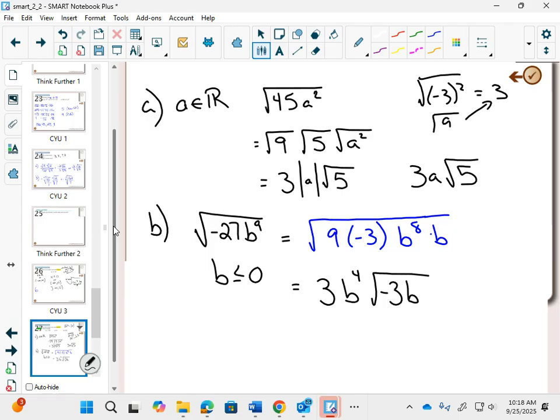The absolute value in the previous one, it's just an 8. It's not squared. So b could be positive, could be negative. Yeah. It has to be. So if it was an odd number, like if this was a b to the 6, and we brought out a b cubed, you would need to have the absolute values on that. When it's an odd number, that's when you bring out the absolute values, okay.